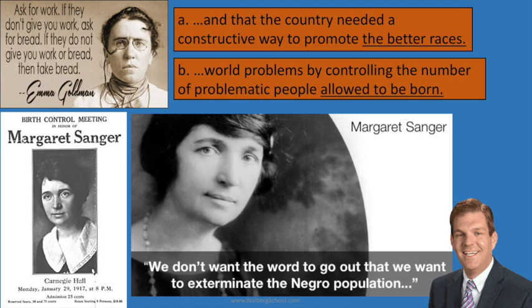It was kind of a social Darwinist ethic that believed that people were just going to be born criminals, and so you needed to stop the reckless breeding, particularly among people who have genetic tendencies to crime, mental and physical defects, and to ensure racial progress through a process known as eugenics, which was basically forced birth control, which would control the number of problematic people by controlling the number of problematic people.